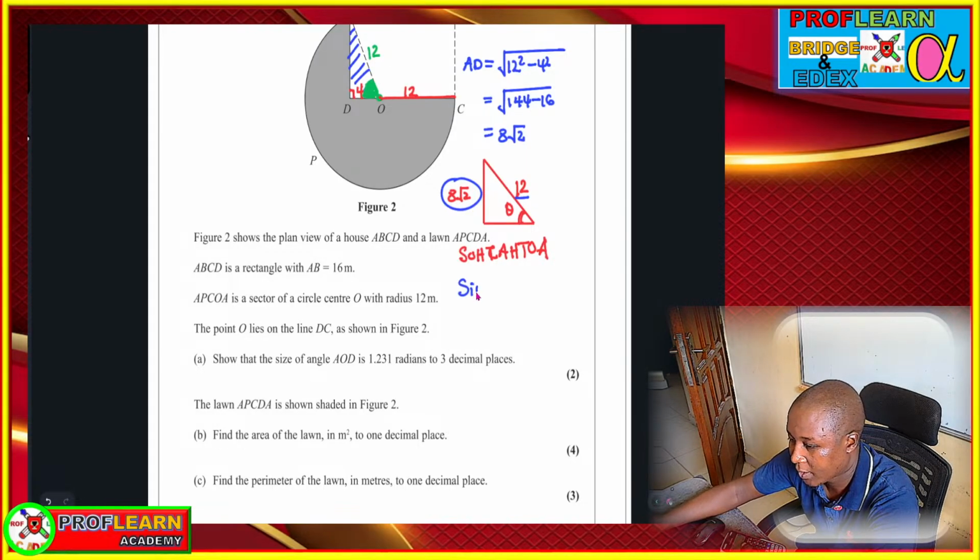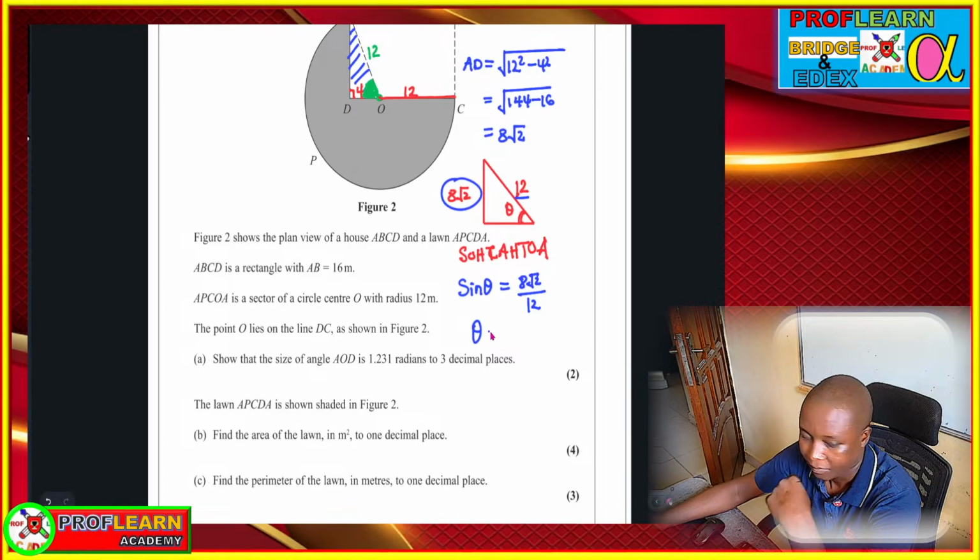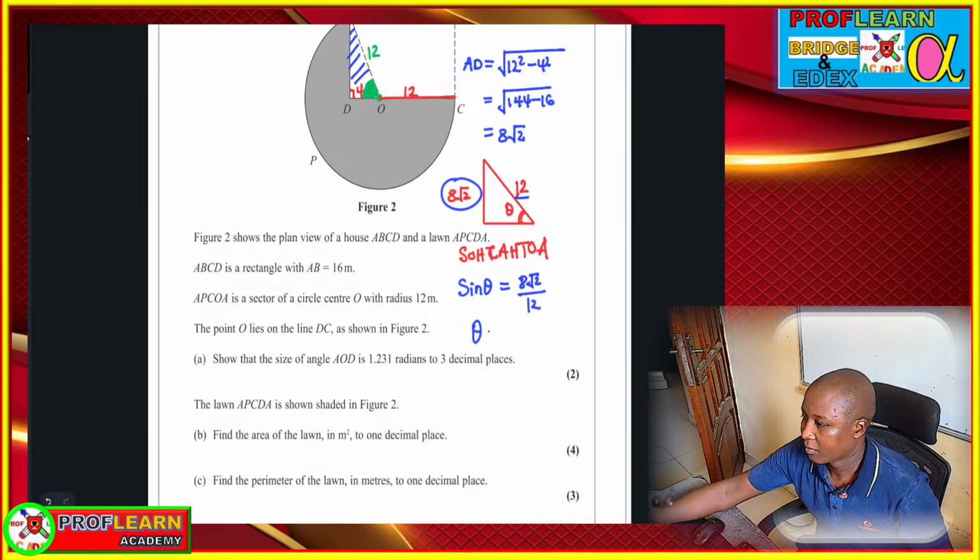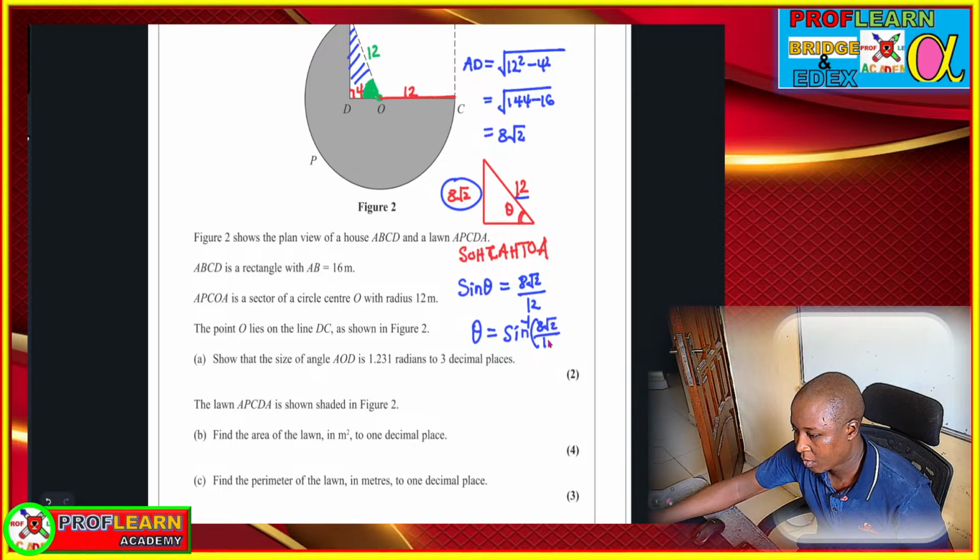So we can say sine theta is equal to opposite, which is 8 root 2, over hypotenuse, which is 12, and our theta is going to be sine inverse of 8 root 2 over 12.